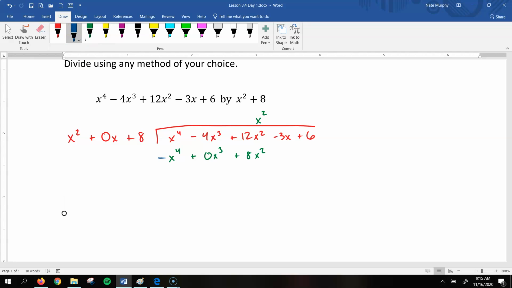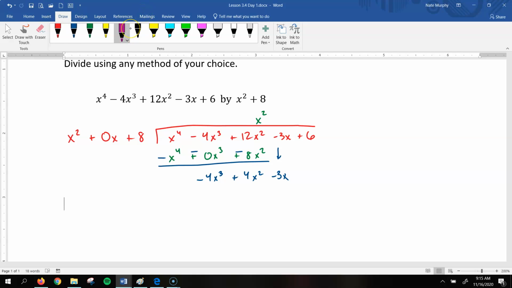Now remember, the next step is we're going to subtract each of those. So x to the fourth minus x to the fourth, that's 0, which was the point. Negative 4x cubed minus nothing would still be negative 4x cubed. And then 12 minus 8 would be 4, so we'd have plus 4x squared. And then we bring down the minus 3x.